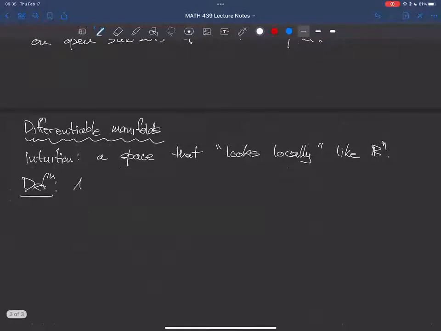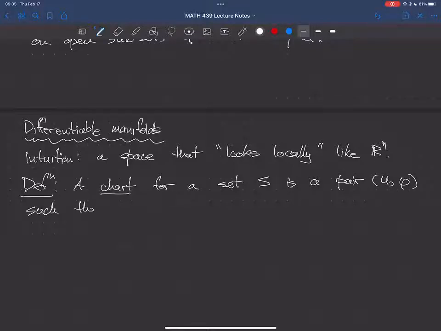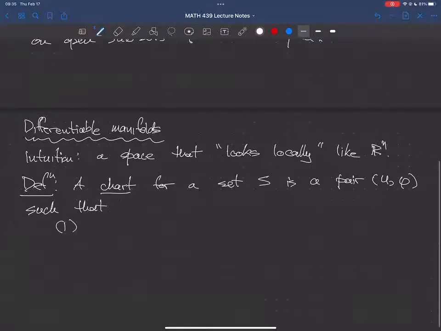A chart for a set S is a pair (U, phi) such that U is a subset of S, and phi is a mapping from U into Rn.